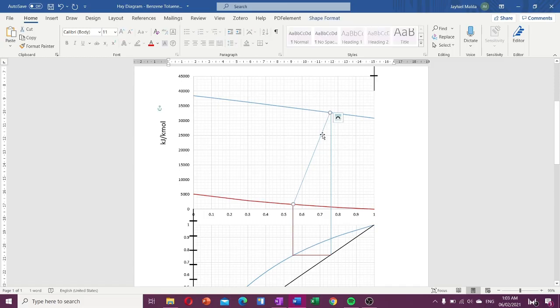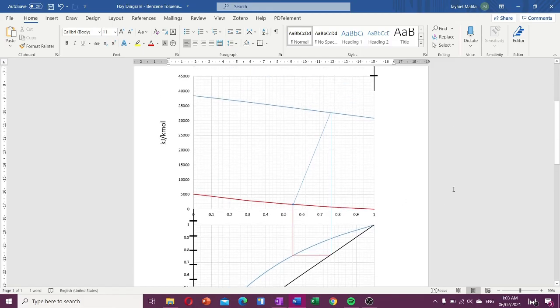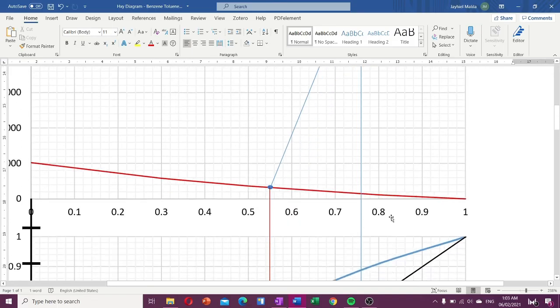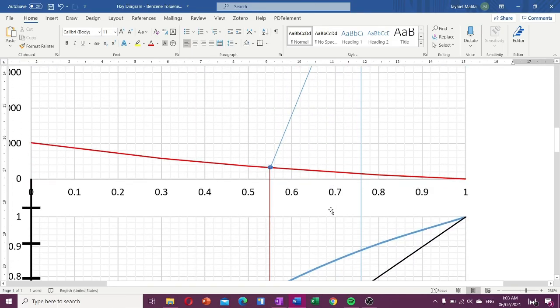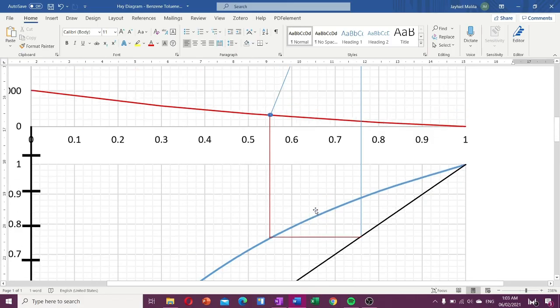I'm not really sure, guys, if it's super accurate, but it would be really nice if you do it manually, so that you can use actual ruler measurements. So that's the tie line that will pass through the feed point.